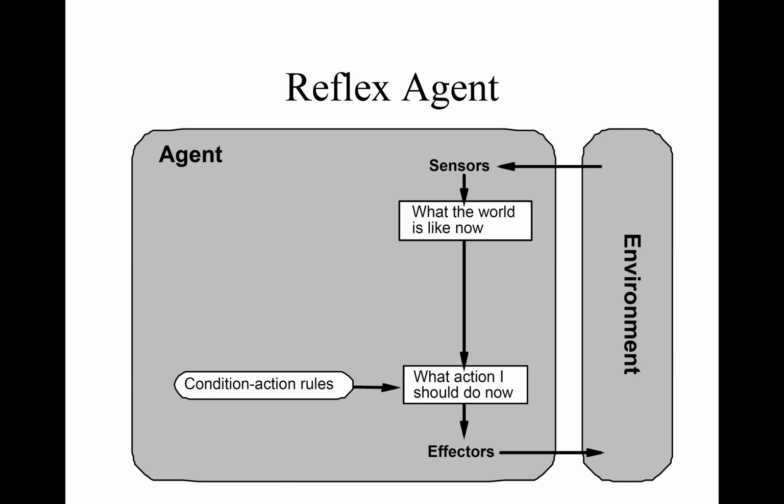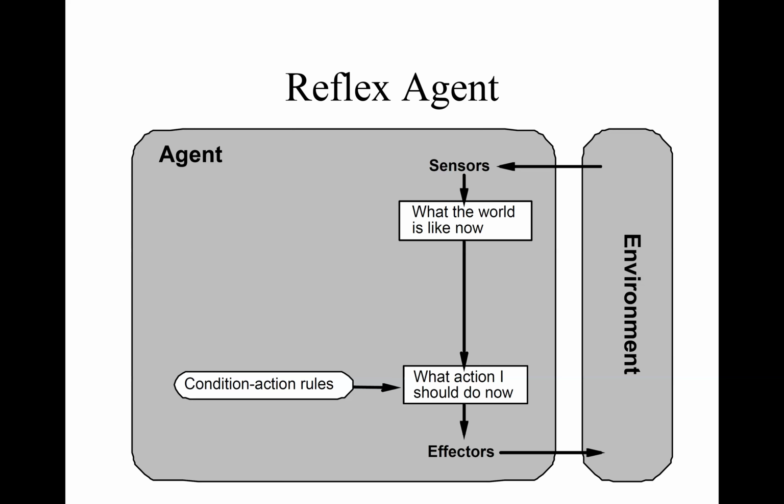We have our sensors watching that environment, producing what? Percepts, right? A percept is a view of what the world is like right now, according to its sensors, which may be limited, as in the VacBot case. And the way you build a reflex agent is you just have these very simple condition action rules.